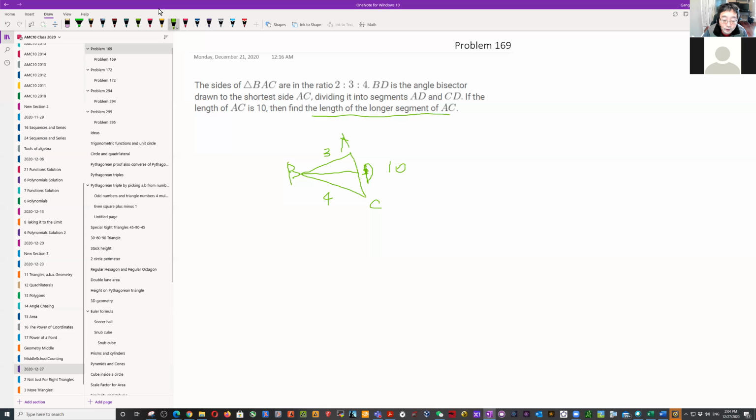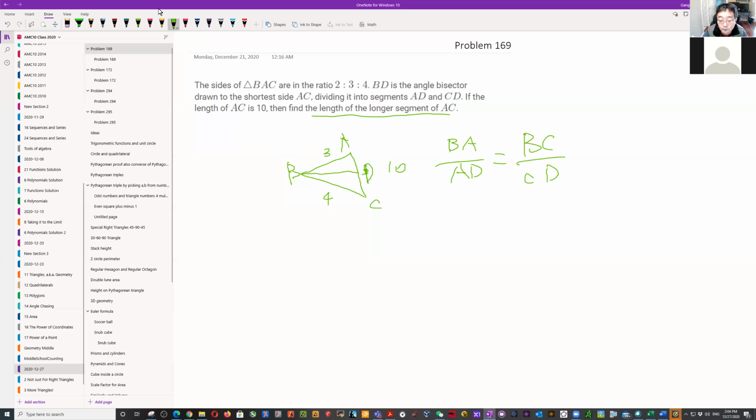Then we actually have the result. The angle bisector theorem states that BA over AD is equal to BC over CD. And you actually can rearrange it. The way to rearrange it is that this is the side over the opposite, equal to side over the opposite.